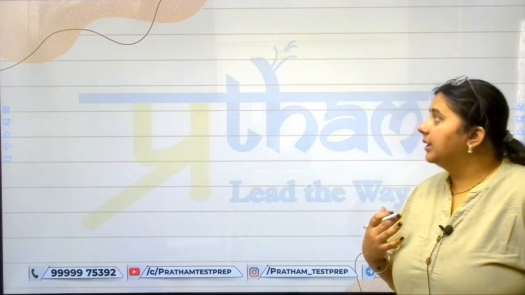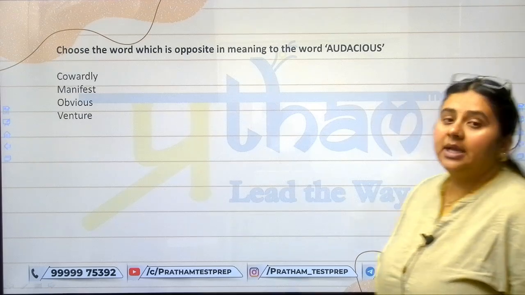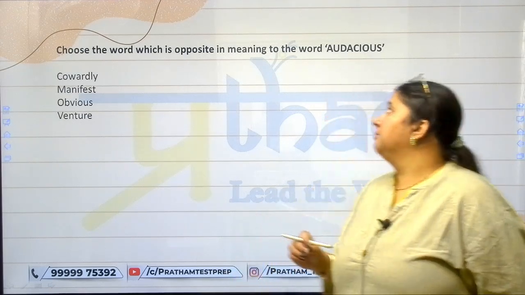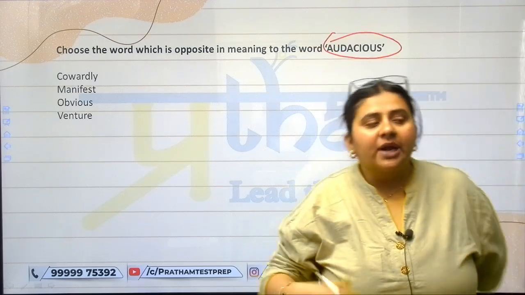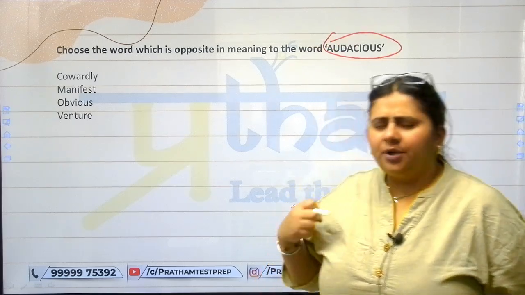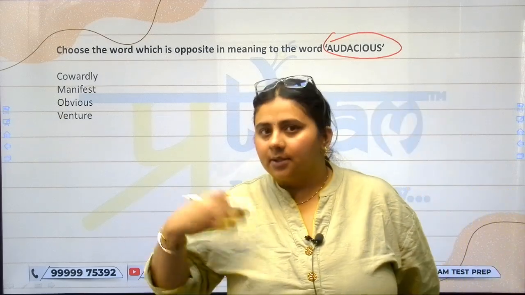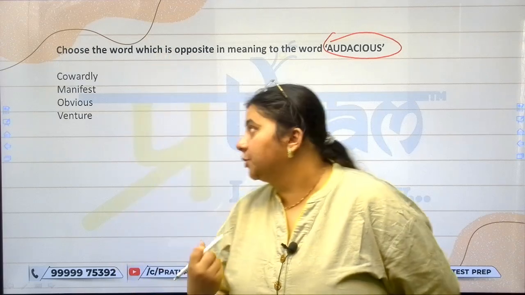Now, similarly, the next question is this one. It says, choose the word which is opposite in meaning to the word audacious. You'd have heard people saying, how dare you have that audacity? How dare you talk to me like that? Audacity, auda, means courage, daring.